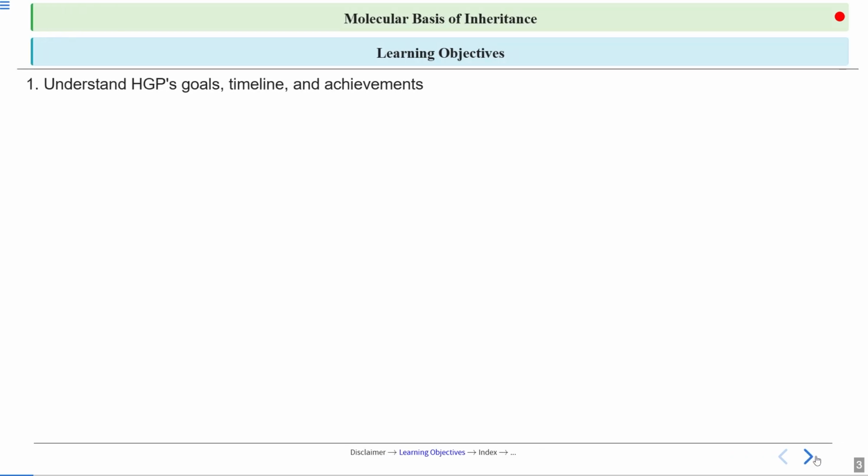So, what are today's learning objectives? First, we will understand the HGP's goal, timeline, and achievements. Like, what is the HGP, the Human Genome Project? We will understand what the goals of this HGP were, what the timeline was in which it happened, and what we have achieved from it.